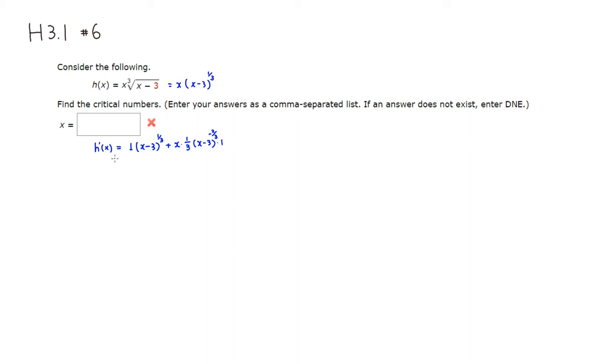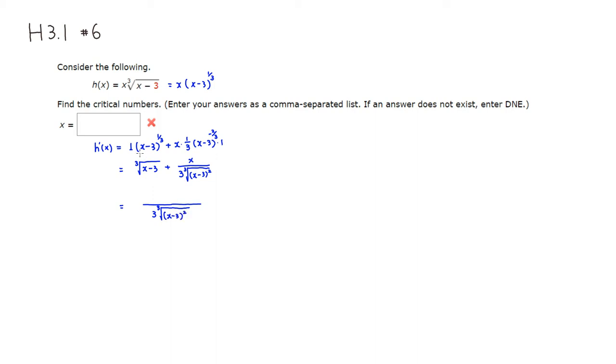Alright, so let's clean it up a little bit. So we have the cube root of x minus 3, plus x upstairs and 3 times the cube root of x minus 3 squared downstairs.